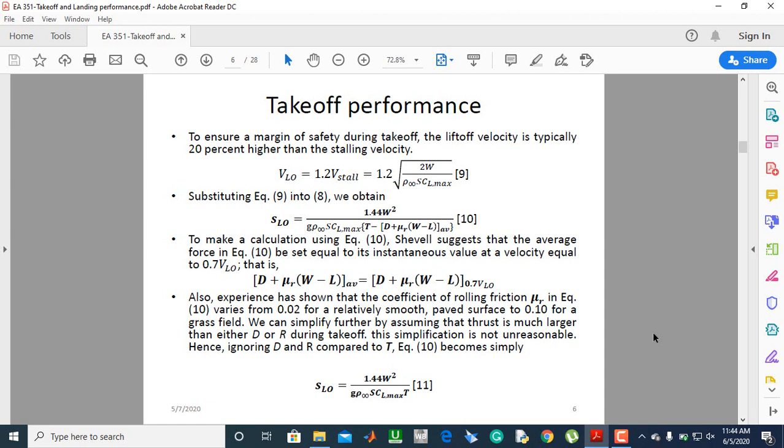So the average force can be equated to 0.7 the lift off velocity.